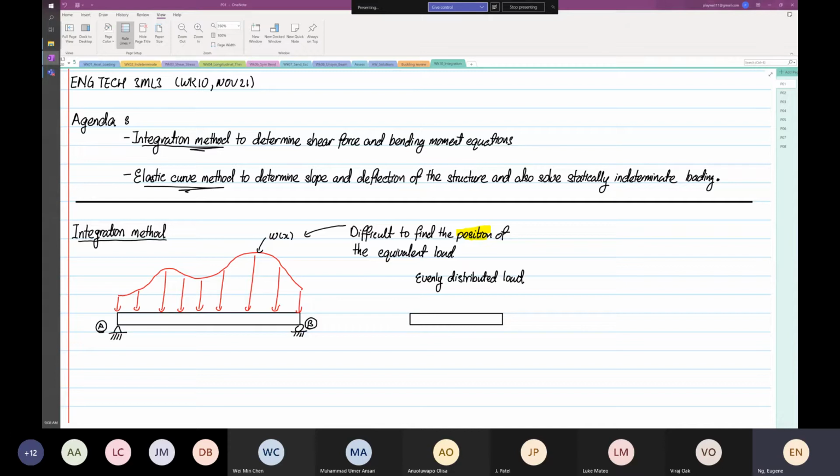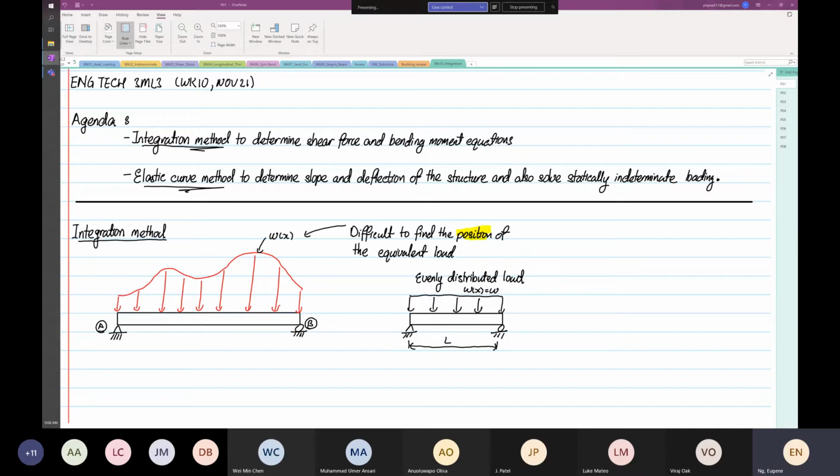So as usual, a simply supported structure. Then we have an evenly distributed load over a distance L. And this one has a function that is omega. It's constant, yes or no? So omega as a function of x is just equal to omega.